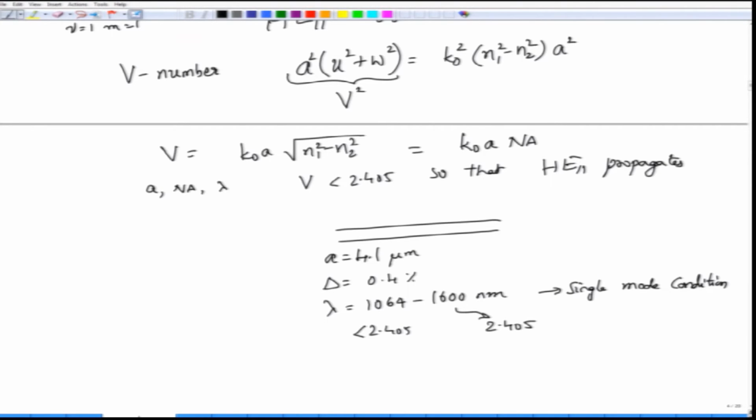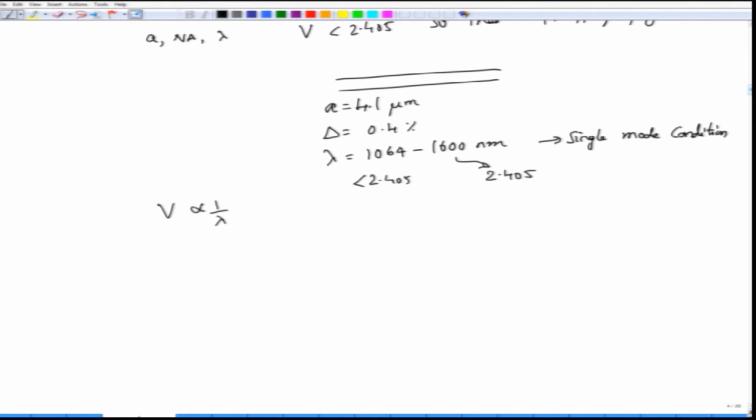But go back to the expression for the V number. V is directly equal to k0 times something, k0 is 2 pi by lambda. So V is inversely proportional to lambda. Now if you satisfy the single mode condition at say 1600, initially you might naively think that, oh, let me satisfy this condition at 1600 nanometer, I will ensure that the V number is less than 2.405 so that it is single moded at this wavelength for the fixed radius and numerical aperture.